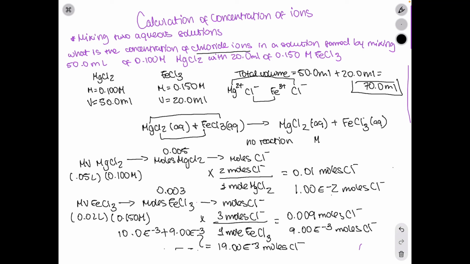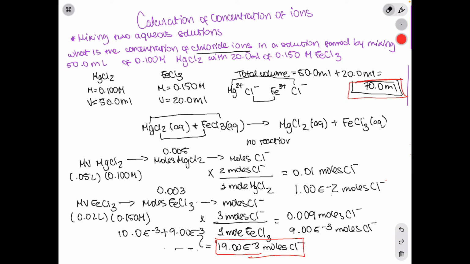So after we add the moles of Cl minus from magnesium chloride and the moles of Cl minus from iron chloride, we can finally calculate the overall concentration of chloride ions in the solution.